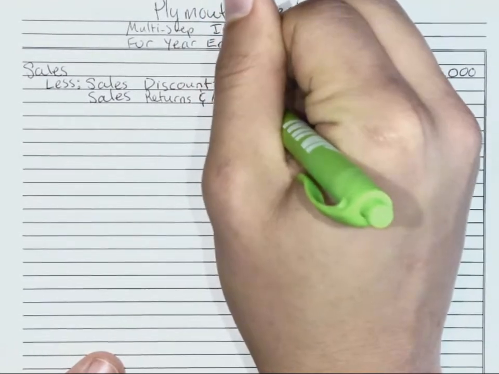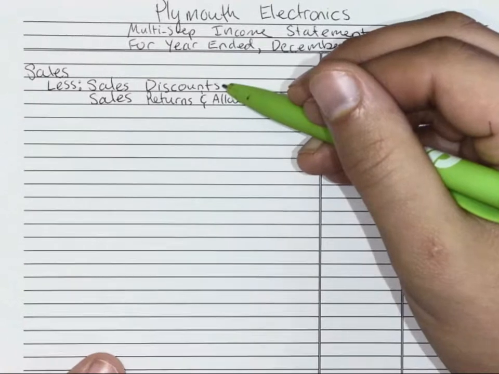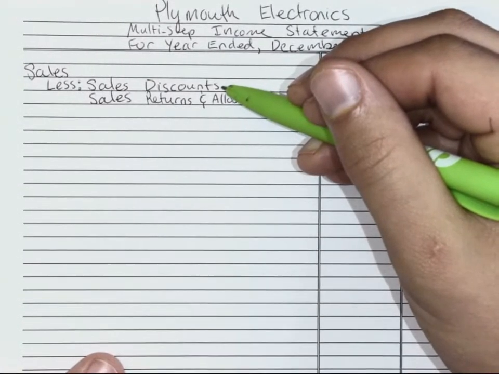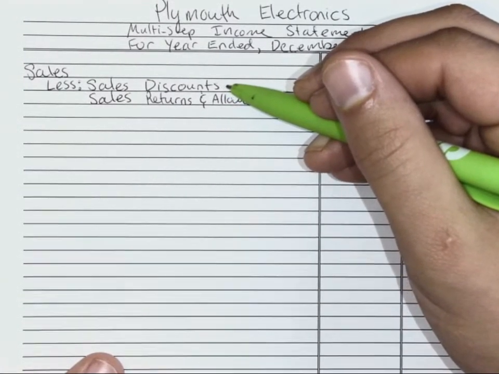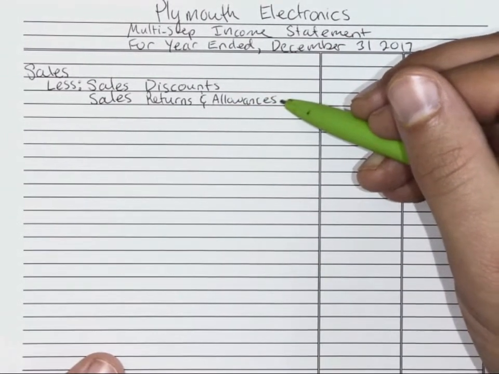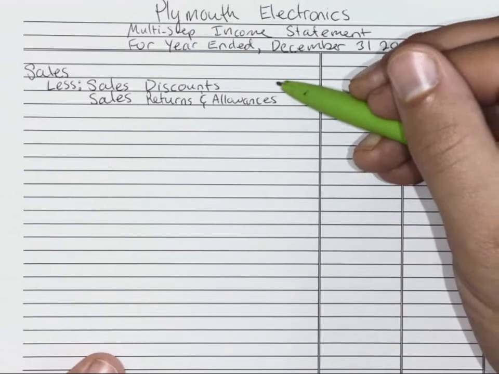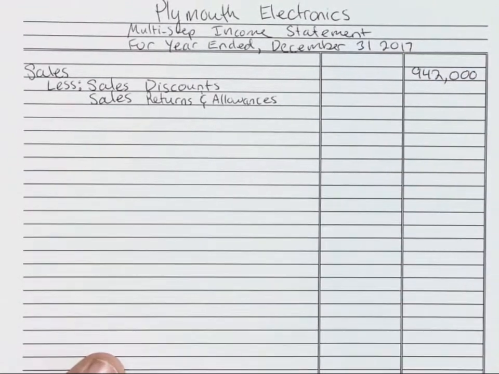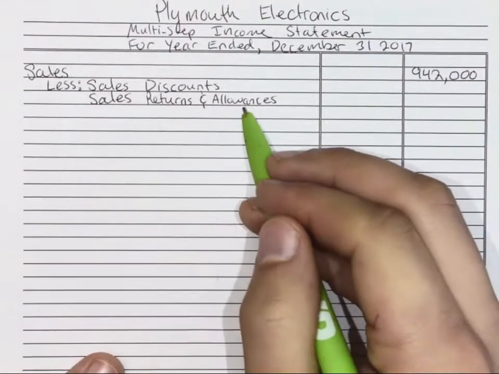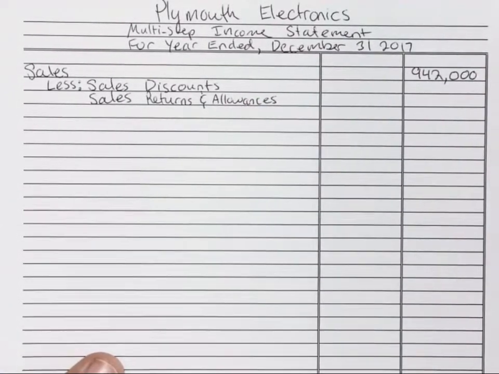So the difference between these two contra revenue accounts, this is when someone takes advantage of our discount terms, 1/10 or 2/15, whatever it might be. This would be when somebody returns product. So discount terms is the first one, sales discounts, sales returns is when someone returns products. So you should have used both contra revenue accounts in the last example.